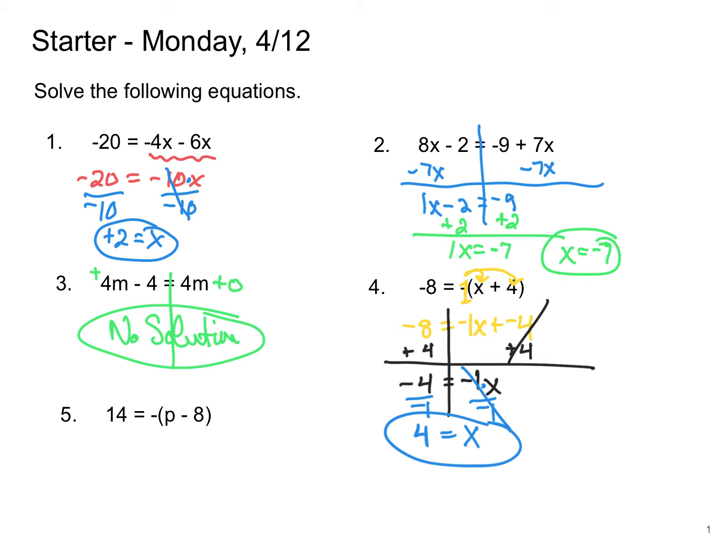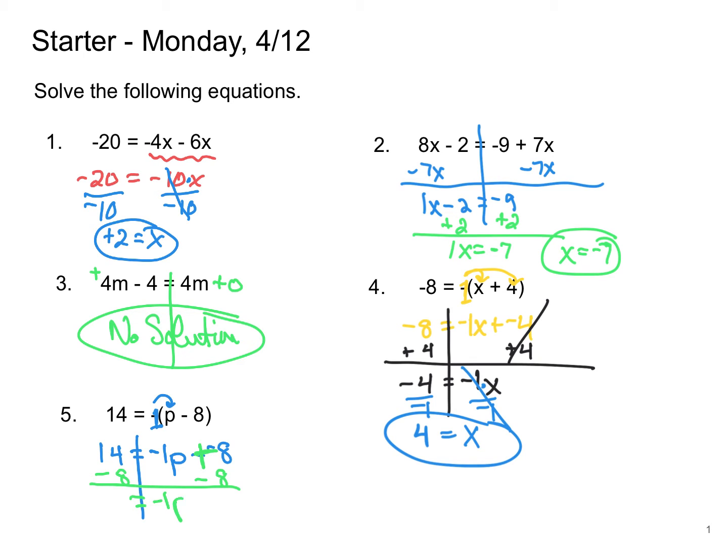All right, last one. Again, we have a negative 1 on the outside. Negative 1 times p is negative 1p. Negative 1 times 8 is negative 8. Minus a negative, remember, is the same as adding, right? So then we're going to subtract off 8 on both sides.